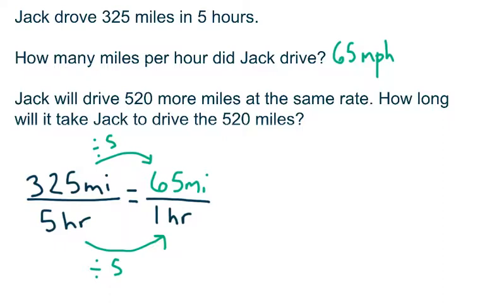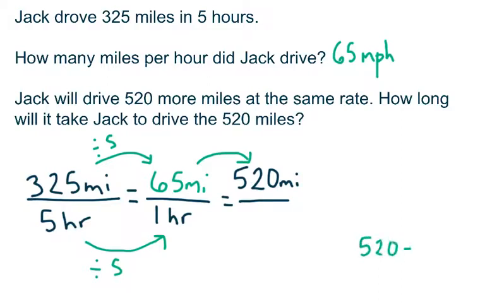All right, so Jack will drive 520 more miles at the same rate. If we want to figure out how many hours that's going to be, I don't know what's going to go on the denominator, but I know that 520 miles is going to go in my numerator. So how do I get from 65 miles to 520? I know I'm going to be multiplying by something because 520 is bigger, but I don't know exactly what. To figure out what that's going to be, I can just go over to the side here, 520 divided by 65, because multiplication and division are inverse operations.